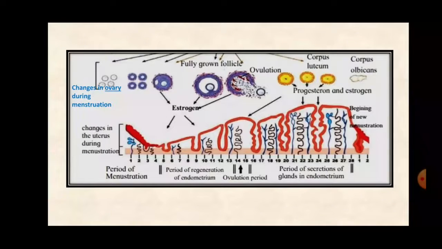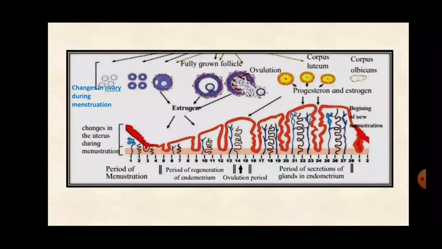Again, the follicle stimulating hormone will stimulate the follicle. The oocyte will release after developing. It will convert to corpus luteum, progesterone, estrogen. If the ovum is not fertilized, corpus albicans will be formed, which is inactive. Progesterone, estrogen secretion will be stopped.